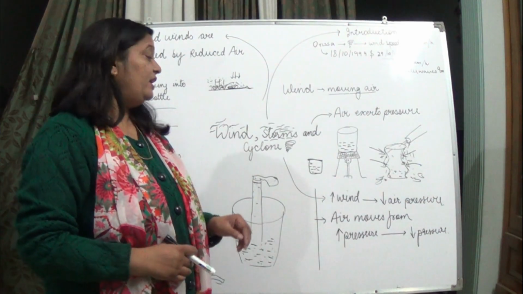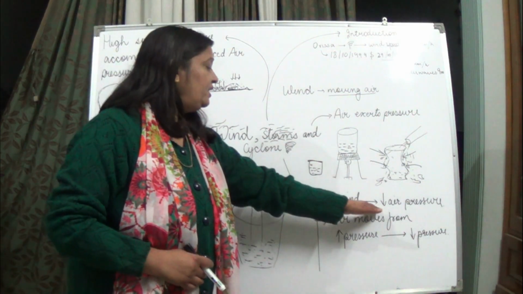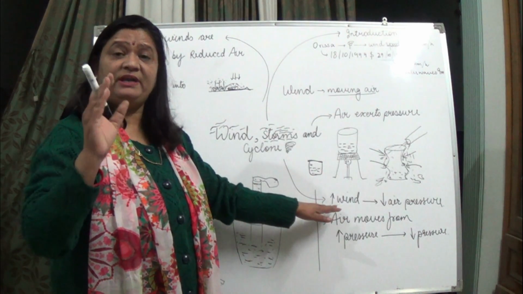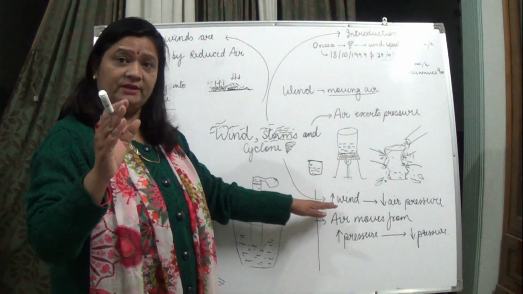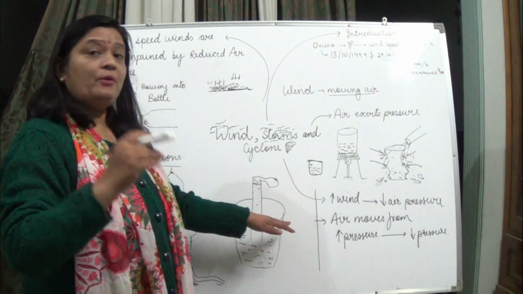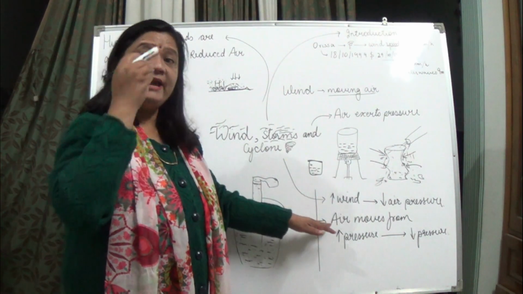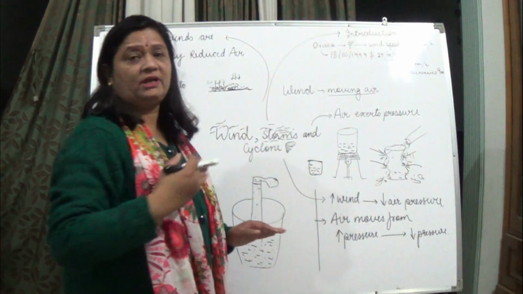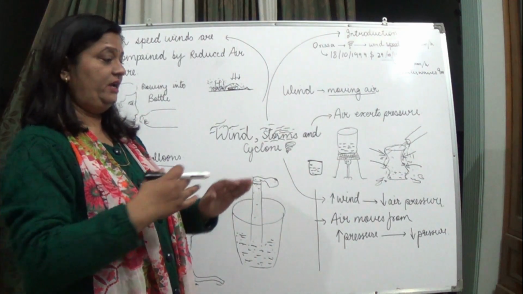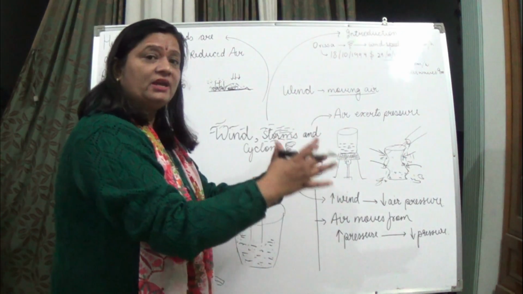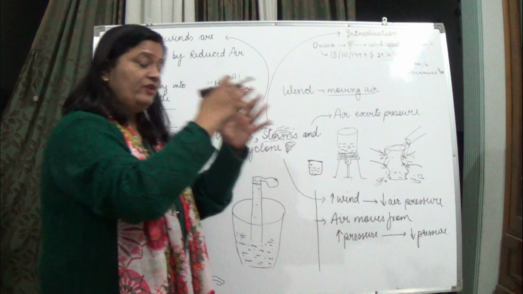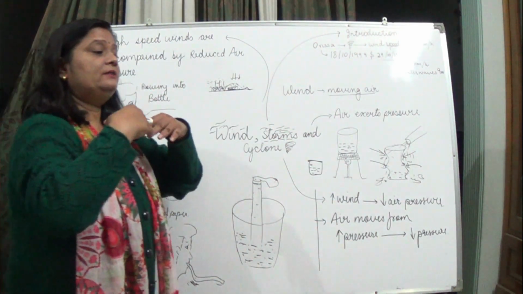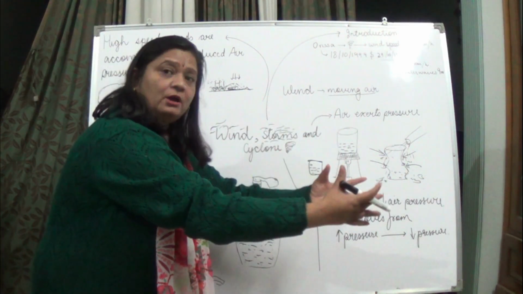So wherever there is a low pressure area, naturally the speed of the wind will be high over there. And we all know that air moves from a high pressure area to a low pressure area. It means where the pressure of the air is more, it moves towards the lower pressure area.